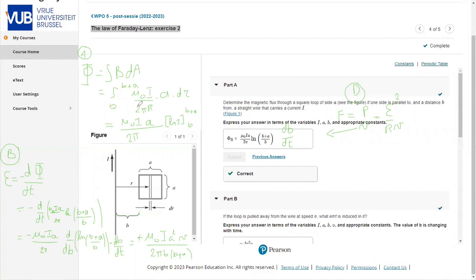Then you have A times dr, so you have dr, width and height, so dA. Then you have times E times A divided by 2P. And that's how you find this answer.